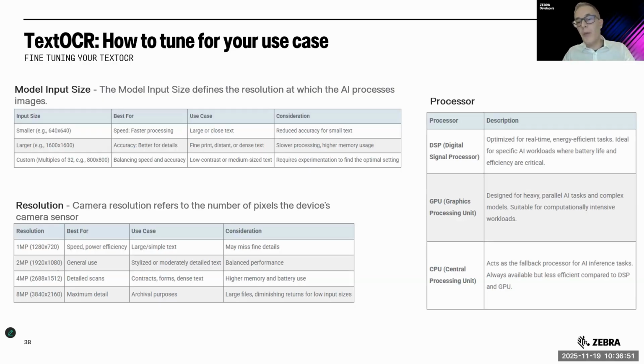The processor options are the DSP, so you ask the SDK to run the inference on the internal digital signal processor, which is available on some devices. Other options are the GPU, the graphics processing unit, or the CPU, which is, of course, a kind of fallback when the other processors are not available.